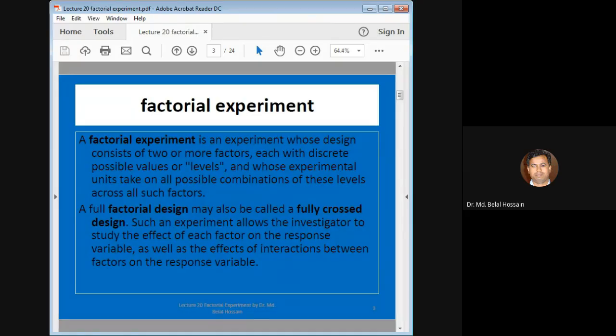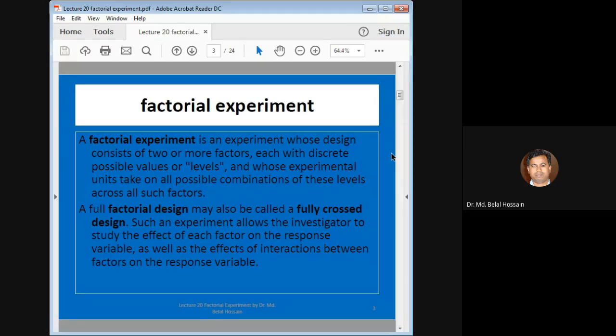Factorial experiment is an experiment whose design consists of 2 or more factors, each with discrete possible values or labels, whose experimental units take on all possible combination of those labels across all such factors.